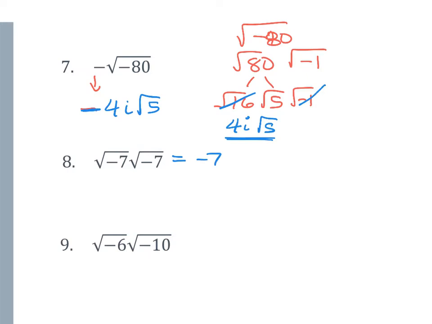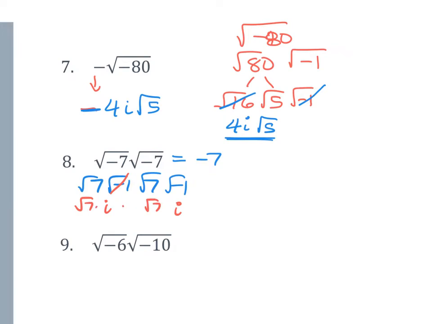The reason behind that is this. If I were to break this down into, sorry, that should be a -1. If I were to break the 7s into 7 times -1 and 7 times -1, if I square root the -1s, it turns into an i, and leave the radicals there.